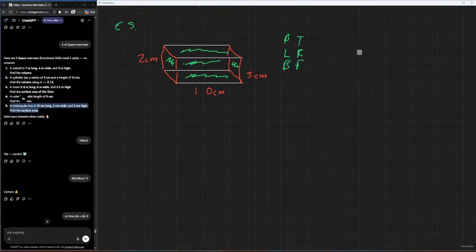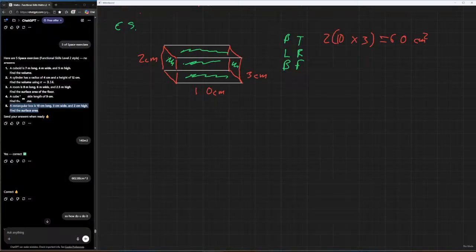I'm gonna change my color. 10 times 3 and this by 2, because we have two sides and both of these are equal, the bottom and the top. And this is how I do it. 10 times 3 is what? 30 times 2 is what? 60. 60 centimeters square.